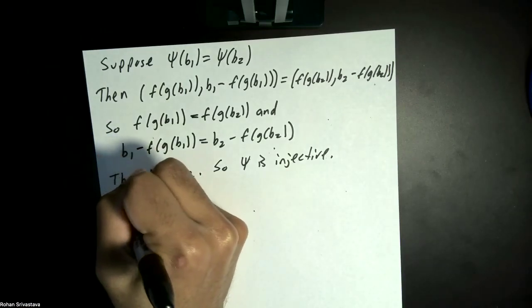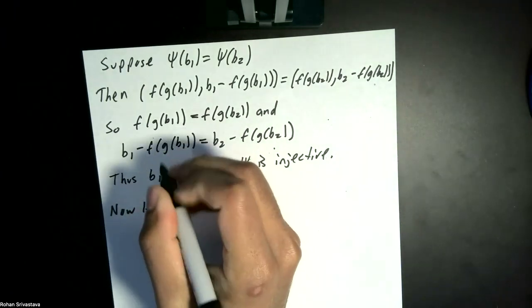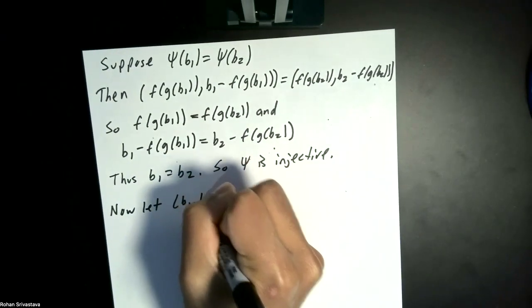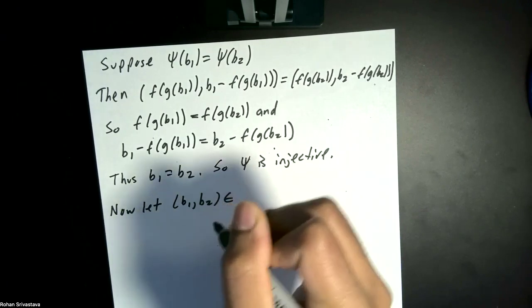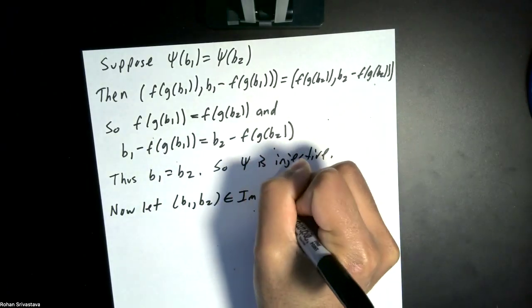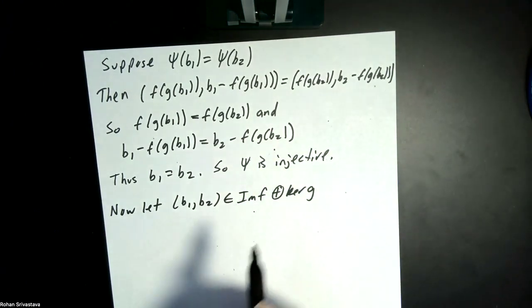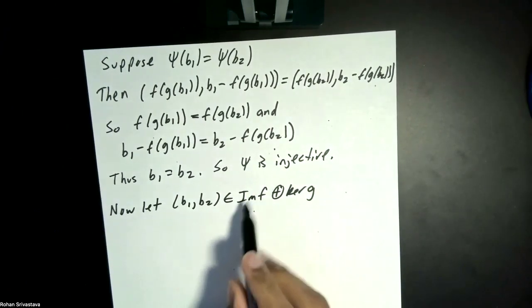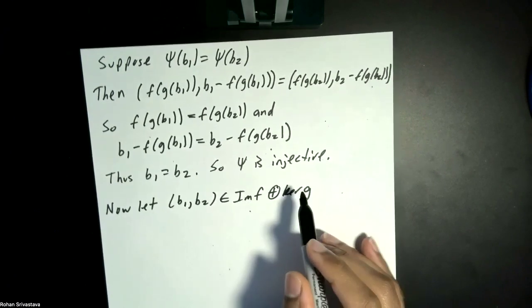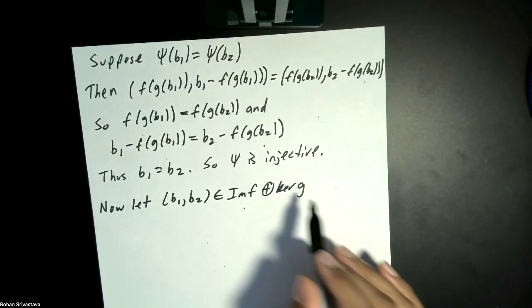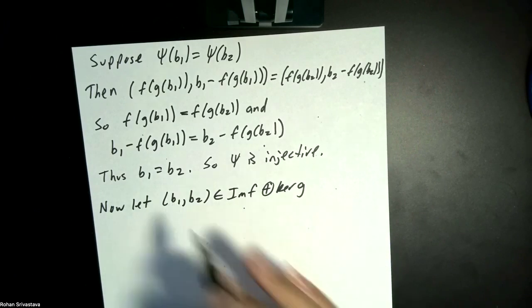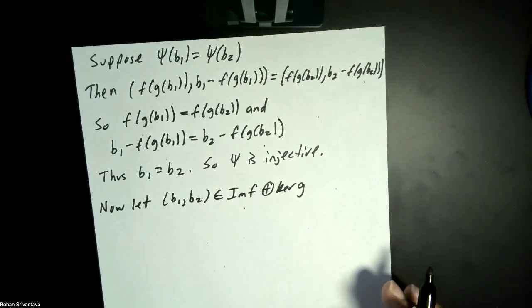Okay, so now let (B1, B2) be an element of the image of f direct sum the kernel of g. Remember, f is from A to B, so something in the image of f is an element of B, and g is from B to A, so something in the kernel of g is also living in B. That's why we're labeling this B1, B2.